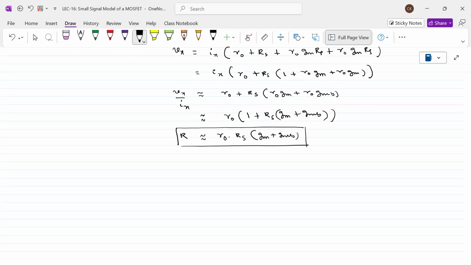Please look at this, okay? Please check and verify this one, R naught into Rs into Gm plus GMB. Class, just 5 minutes. Please verify it at your home. Please look at this one, R naught.